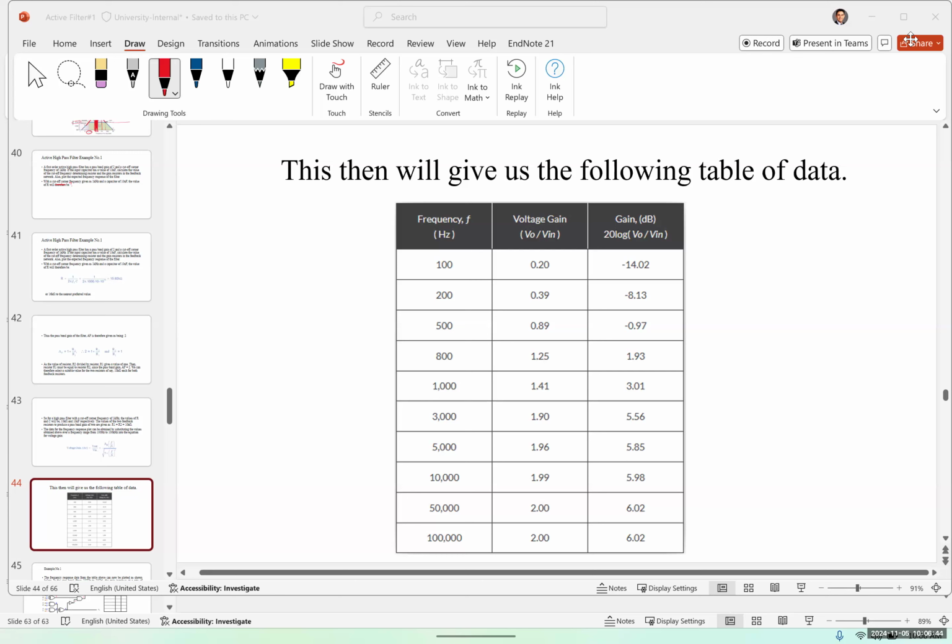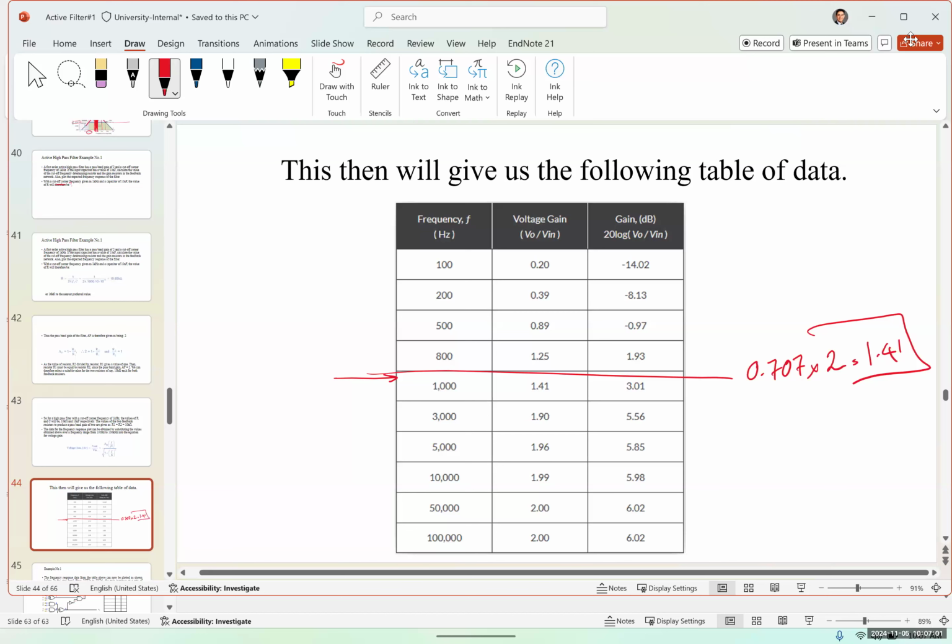So you can see it's getting pretty close to the gain of 2, which is our maximum gain. And 0.7 of 2 is actually 1.41. So this is our cutoff frequency, which is 0.707 of the maximum gain, which is 2, gives us 1.41.